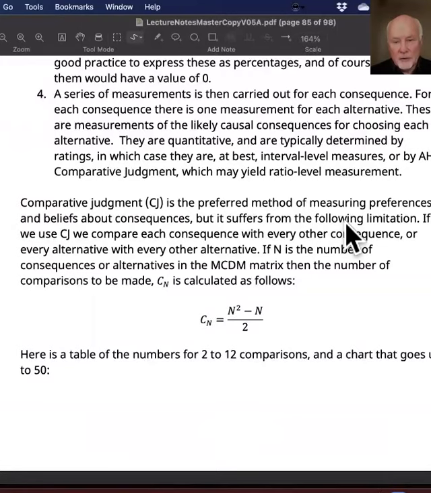They need to be quantitative as well, and they are typically determined by ratings, in which case the best you're going to get is interval level measures, or ideally by comparative judgment, which would lead to ratio level measurements. But as we will see, comparative judgment has some practical limitations. So comparative judgment would be the preferred method of measuring these preferences and beliefs about consequences, and also for your weightings.